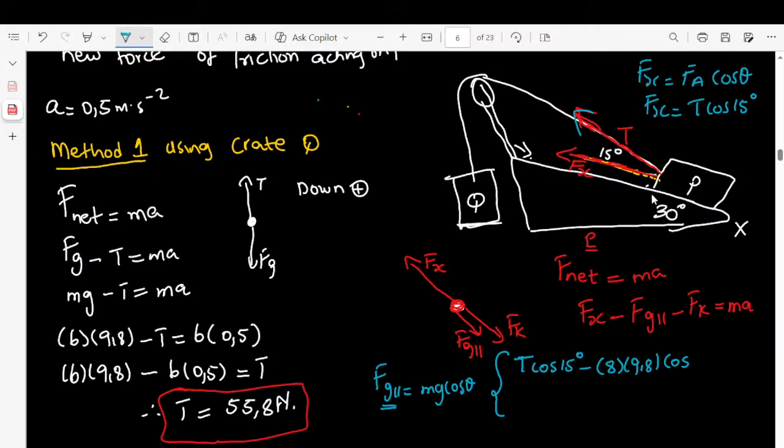Which angle are we using? That 30, so this will be the cos of 30. We minus, what are we minusing? The frictional force. Guys, space again, we made a mistake.